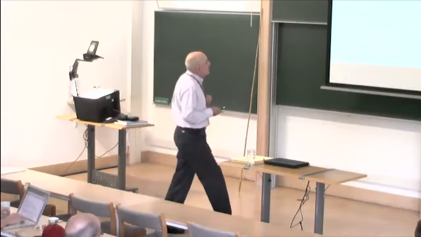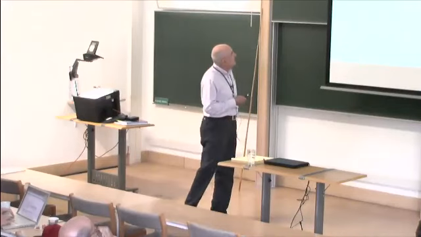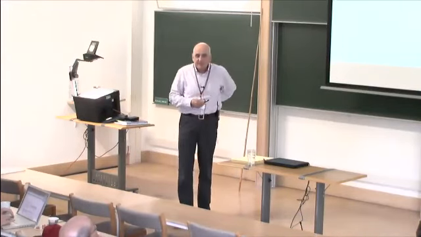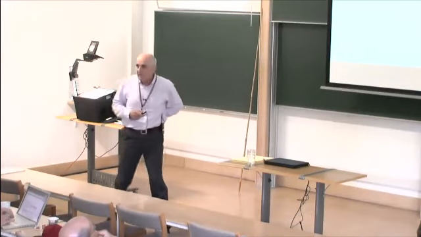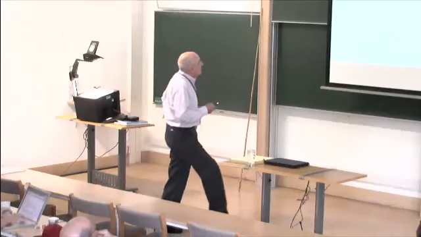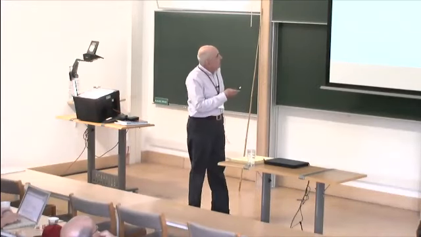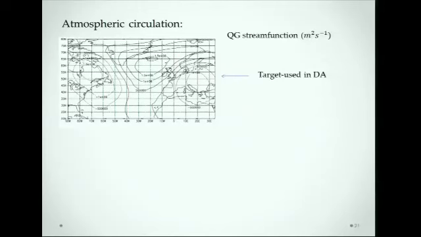And what they did is they used this and then they assimilated into it the data that came from the SLP, the sea level pressure anomaly. So this is a QG stream function, and this is sort of the target, which is approximately what I showed you in that color picture before, that is to be used in the data assimilation.